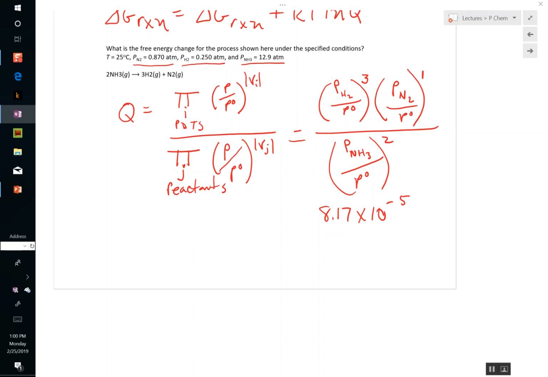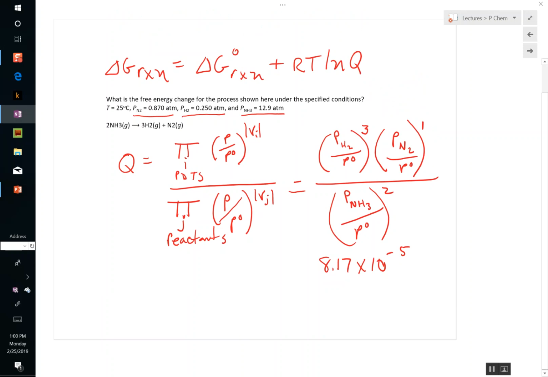Basically all you're doing then is taking that Q and plugging it into this equation. Our temperature is going to be 298, 8.314. Yeah, this is unitless. It's not atm squared or anything weird?